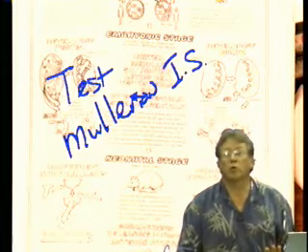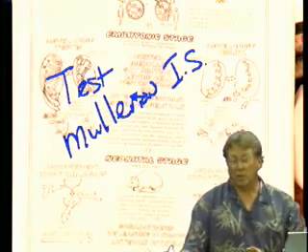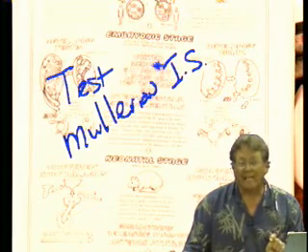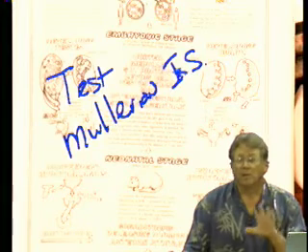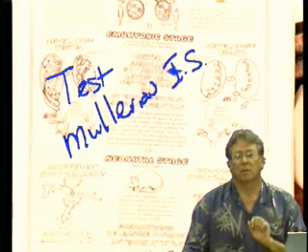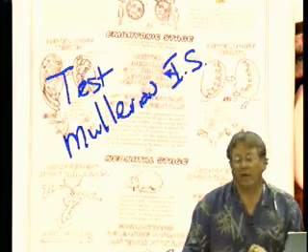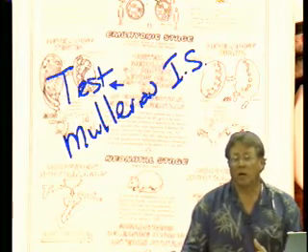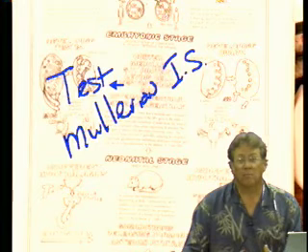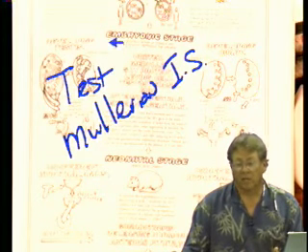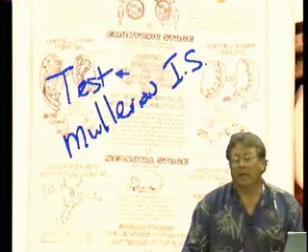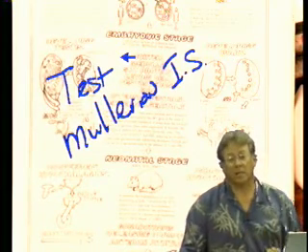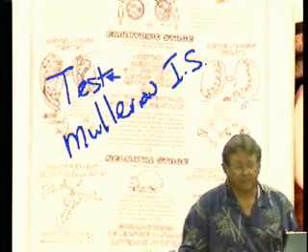Mullerian ducts are the progenitors to the fallopian tubes and the uterus, and so the Mullerian inhibiting substance suppresses the development of the female genitalia. The testosterone then goes on to stimulate the development of the testes, and at puberty, it'll lead to the secondary sexual characteristics of the male.